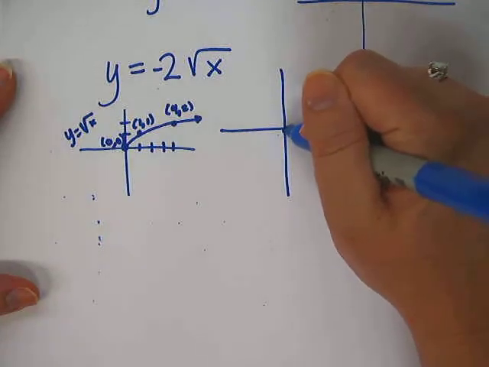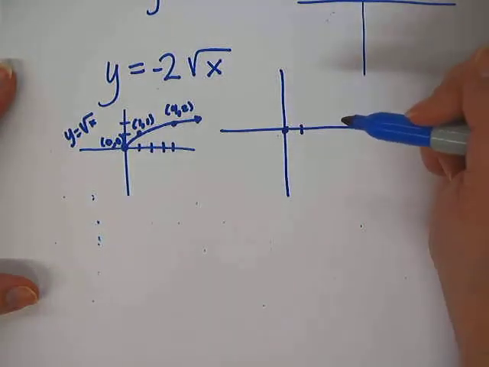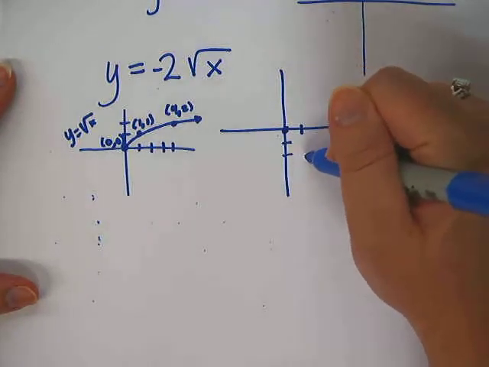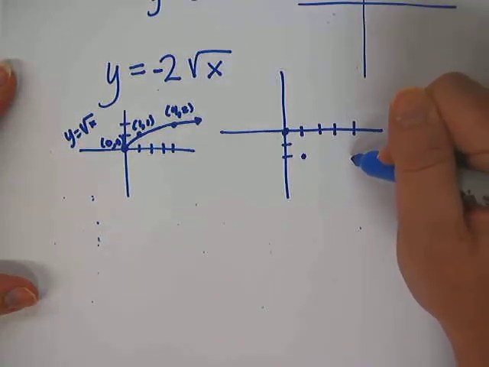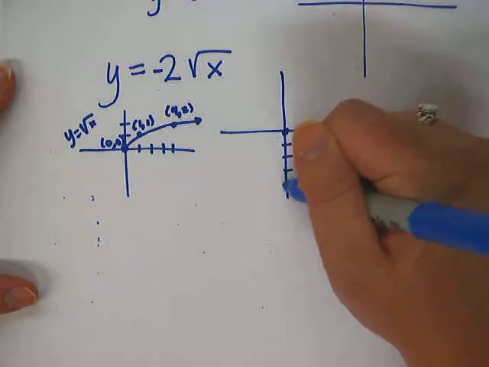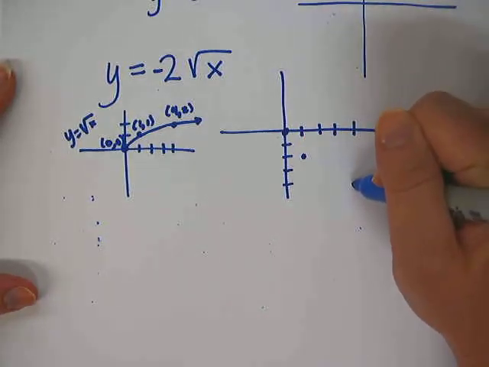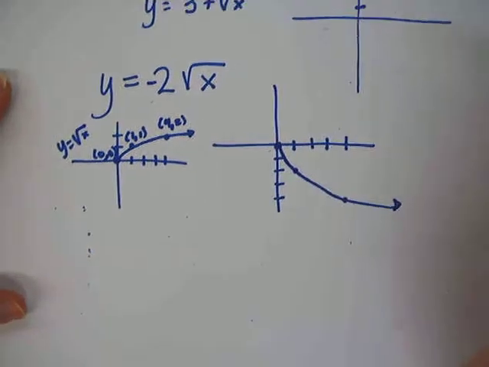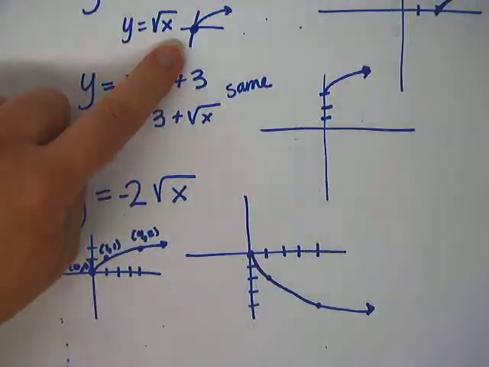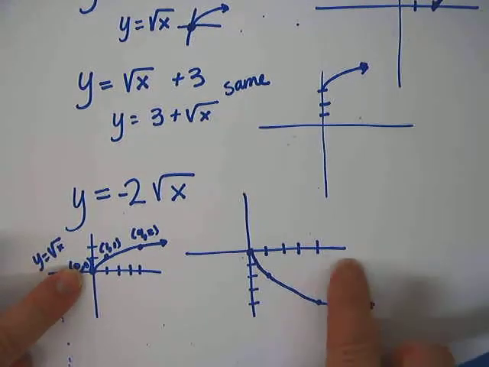Right? So take those answers, the y value, and multiply by a negative 2. So what's 0 times a negative 2? 0. What's 1 times a negative 2? Negative 2. What's 2 times a negative 2?